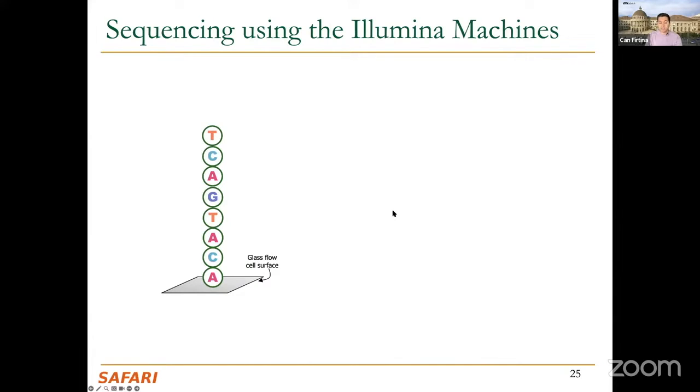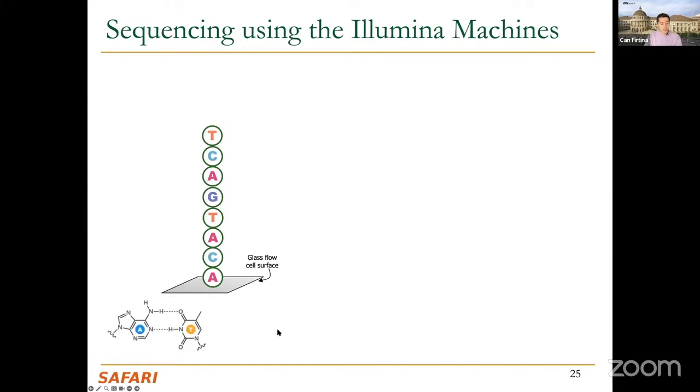Here, you can assume that this is not in a human readable form. This is the nucleic acid molecule, a set of ATGCs, and we want to sequence this to translate it into a human readable form.